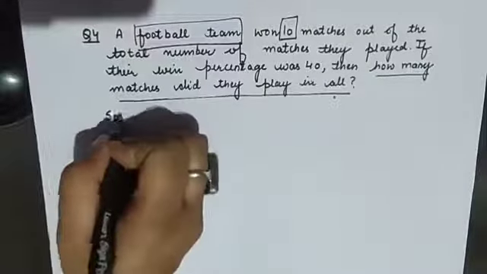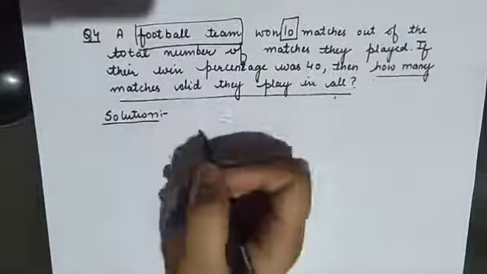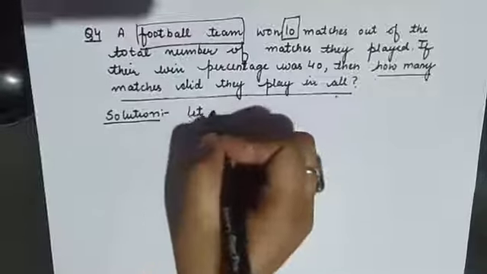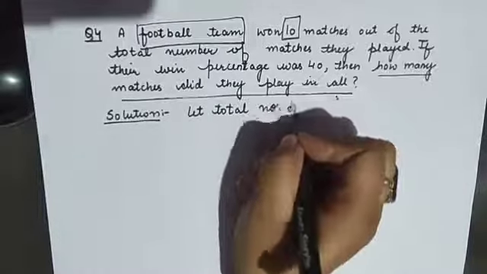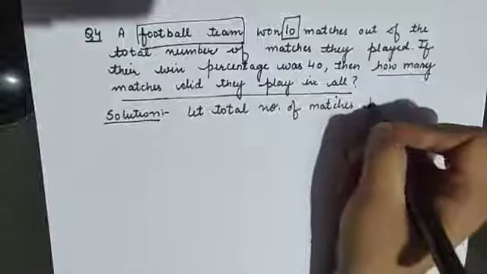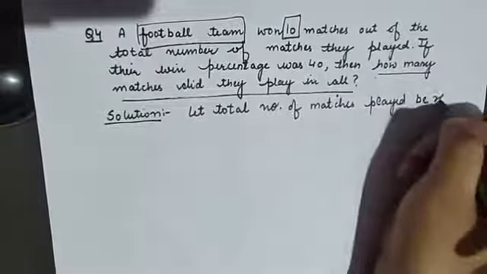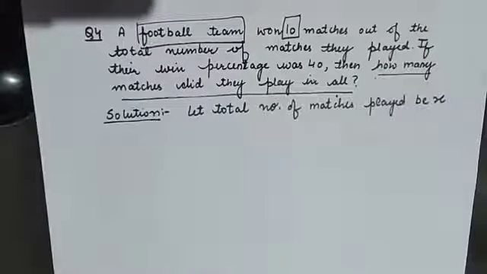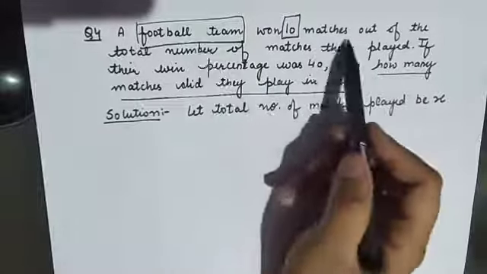So obviously if you have to find out something, always let it be a variable. I will say let the total number of matches played be x here. One more thing that is given to you is that the football team won 10 matches.